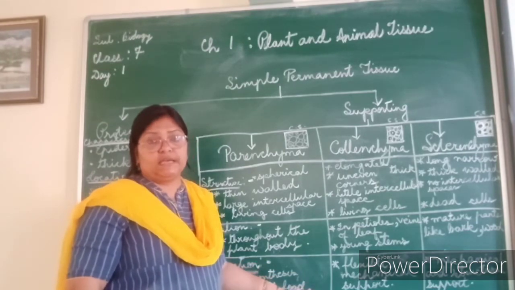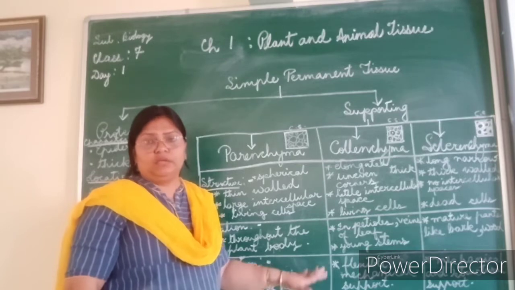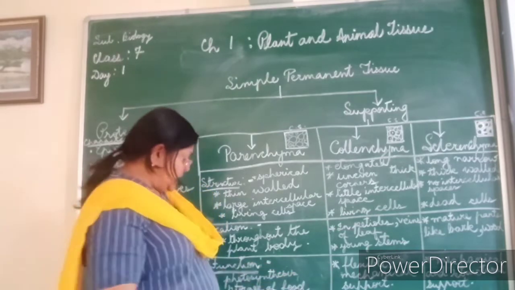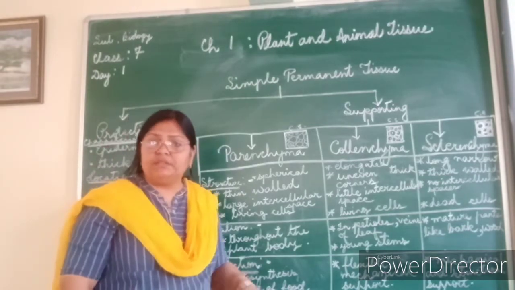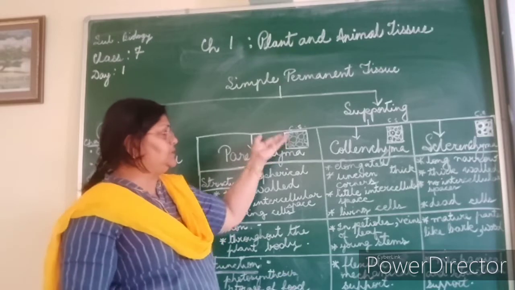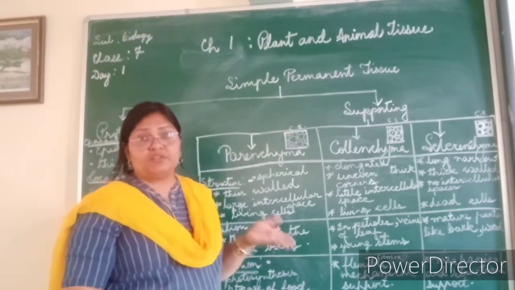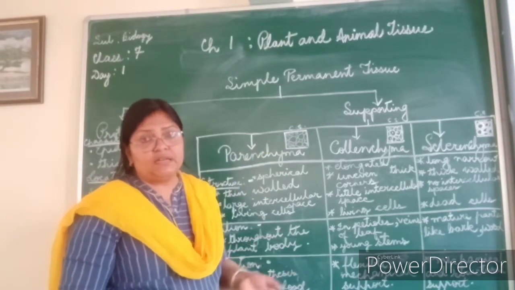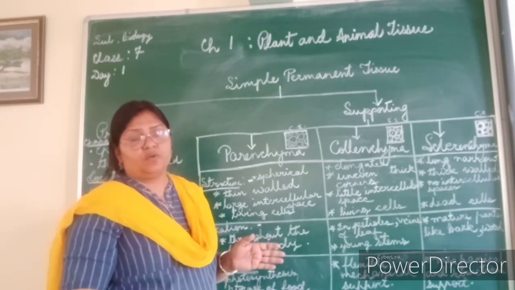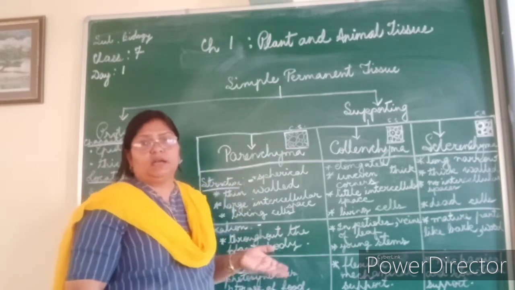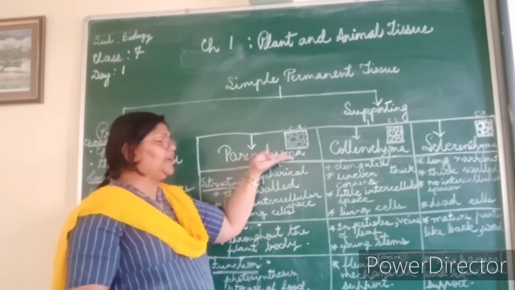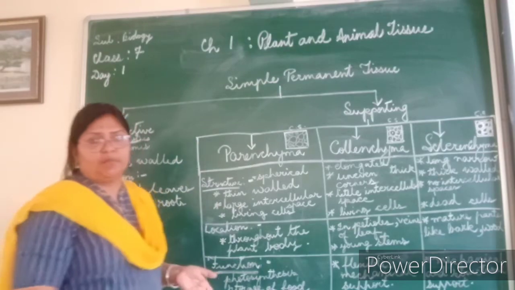And the parenchymatous cells having air within them, a special feature providing buoyancy, are called aerenchyma. So parenchymatous cells, chlorenchymatous cells, all are actually parenchyma.